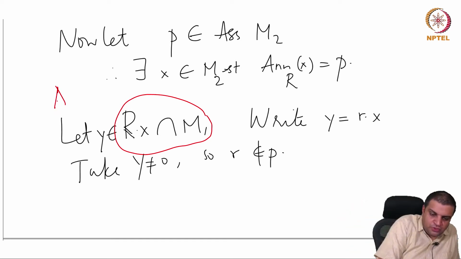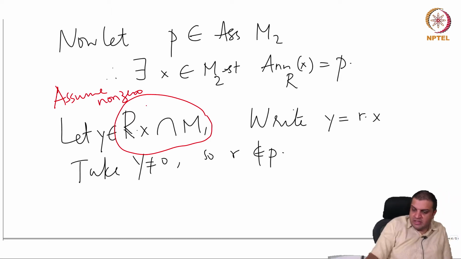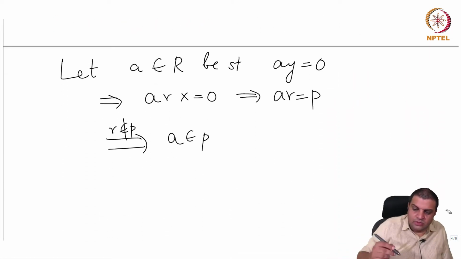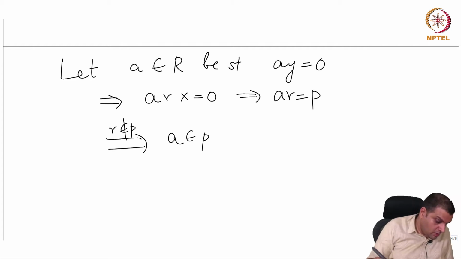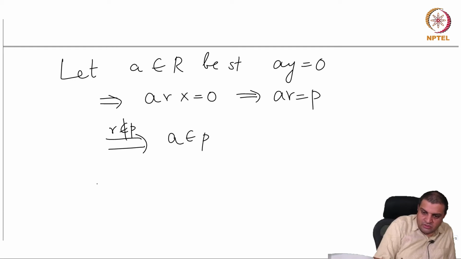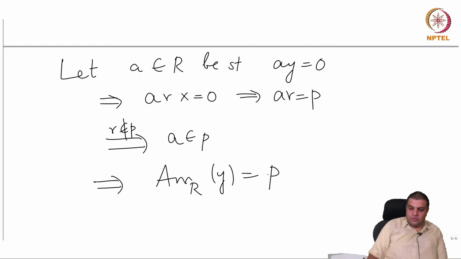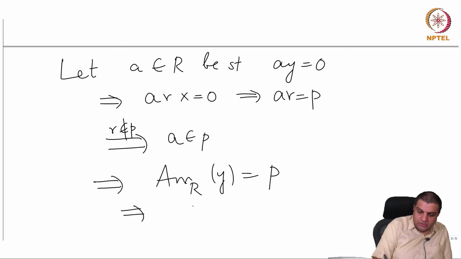So first assume that this is non-zero. Take a non-zero element. Then we go over this calculation, and then we are done. We conclude that a is in P. So in other words, what does this calculation say? This says that the annihilator in R of y is P, and that just implies now that P is associated to M1.